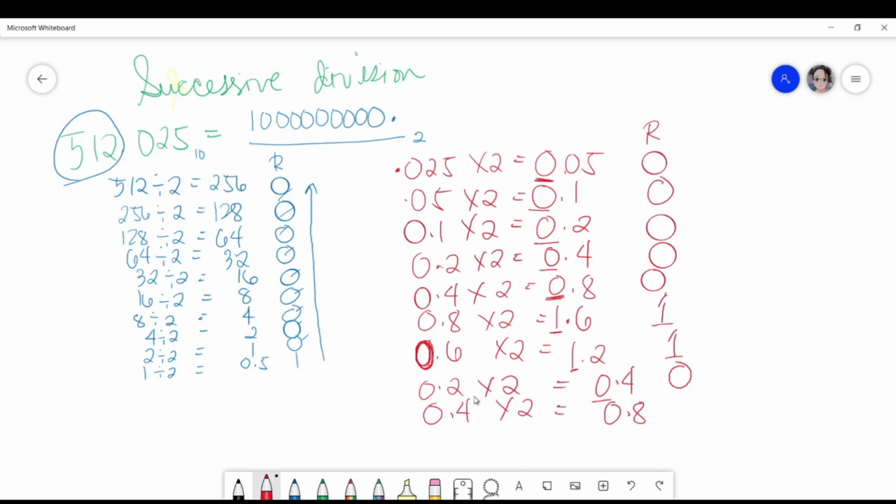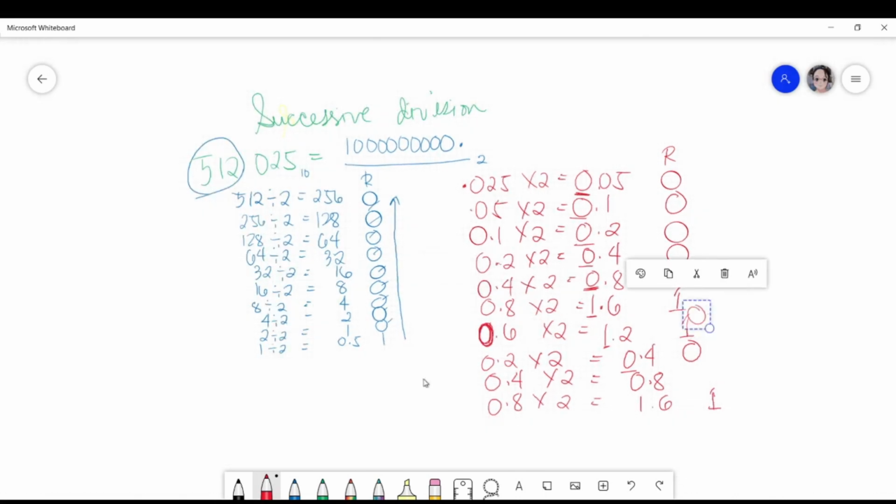Is that right? So 0. 0.8 times 2 is 1.6, so 1. Again, continue.